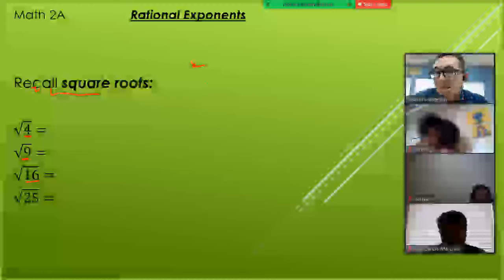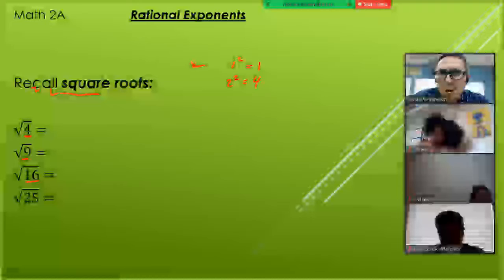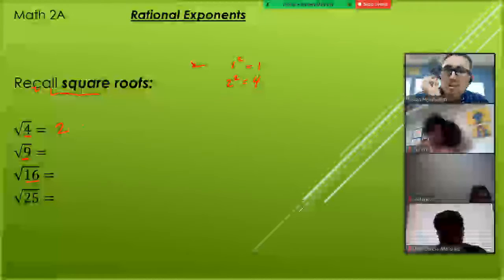One way to start this is to do a list on paper somewhere. 1 times itself, I'm going to write it as 1 squared, is 1. 2 times itself is 4. So that means the square root of 4 over here on the left, that's 2. 2 times itself gives us a 4. And if you keep going with the list on the right in red, 3 squared gives us 9.